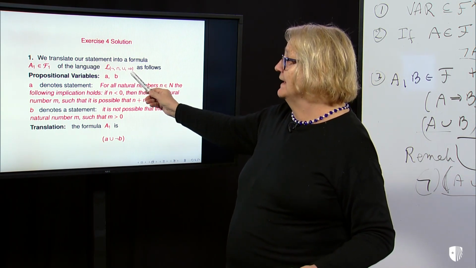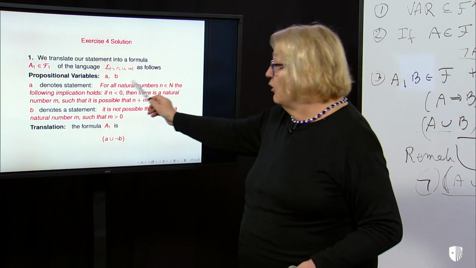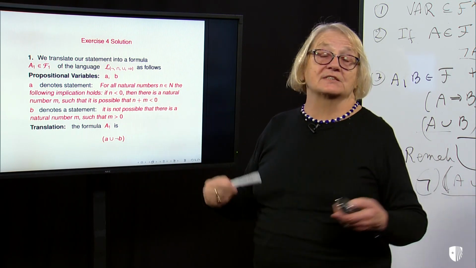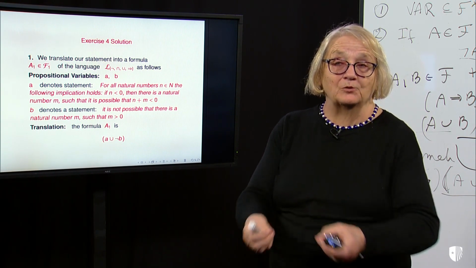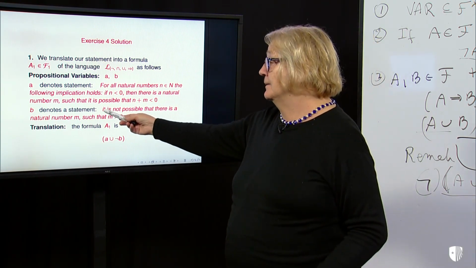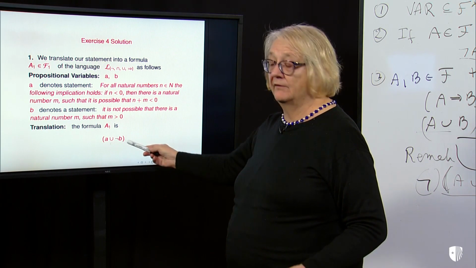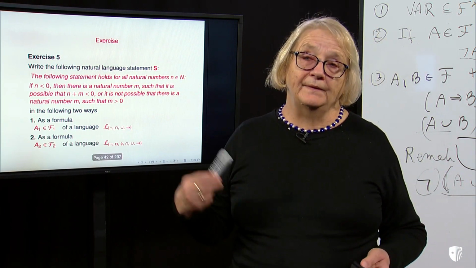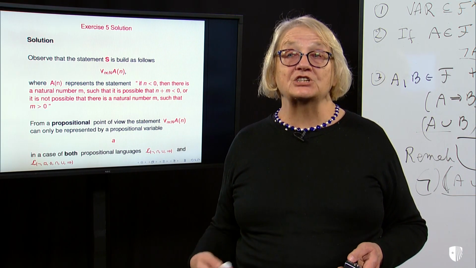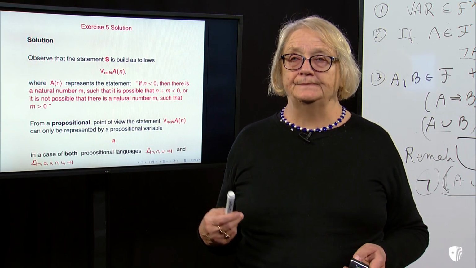So if you have only this language, the whole sentence becomes just a variable, an indistinguishable little piece. And B would be that part, so you have only A or not B. That is just to show you, and there are a lot of examples. The translations are important.